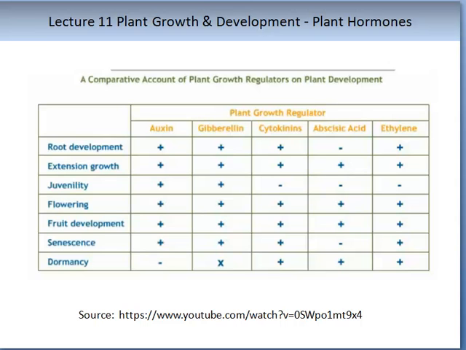The hormones that are examined in this comparison are auxin, gibberellin, cytokinins, abscisic acid and ethylene. Please understand that a couple are missing from this diagram, but it does allow a very simple and quick summary of which hormones are involved at which stages of plant development.